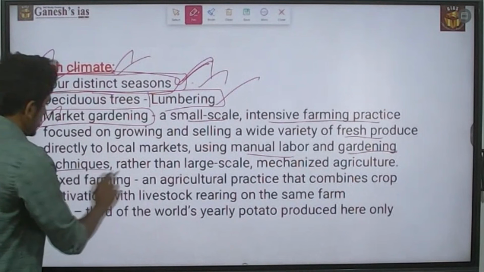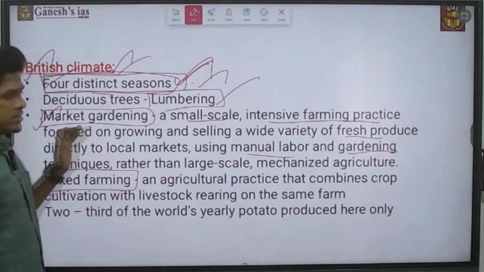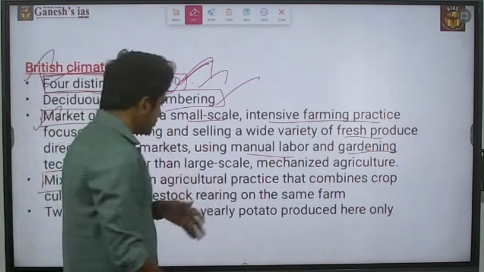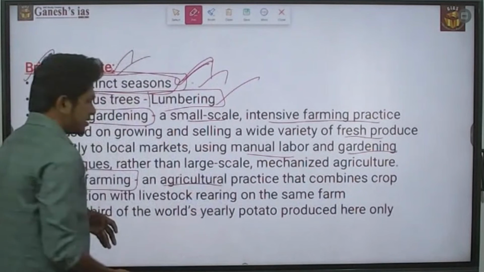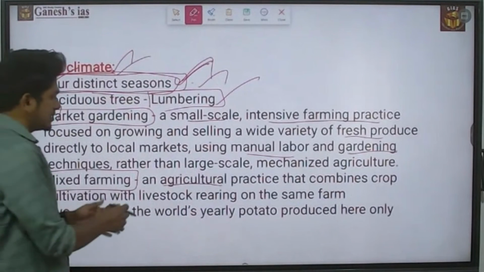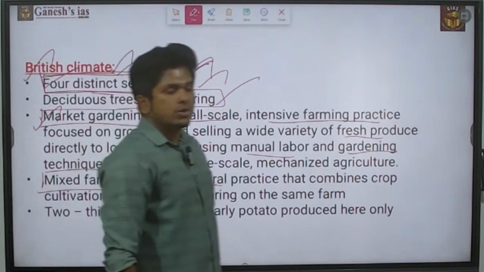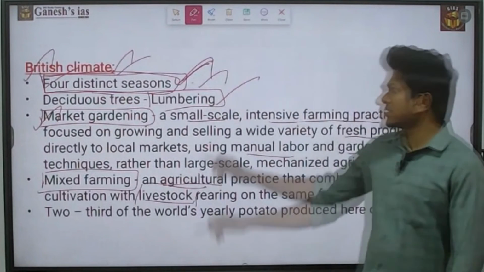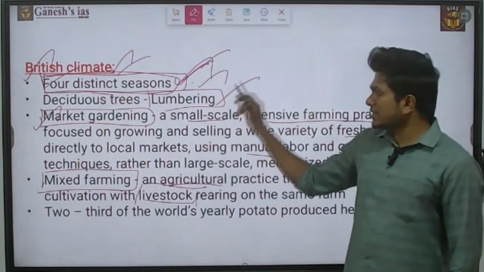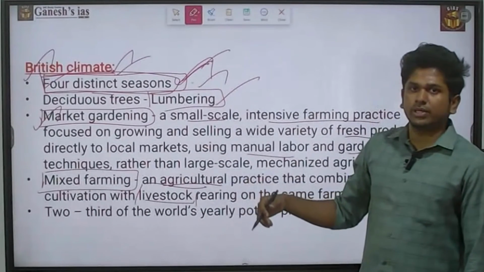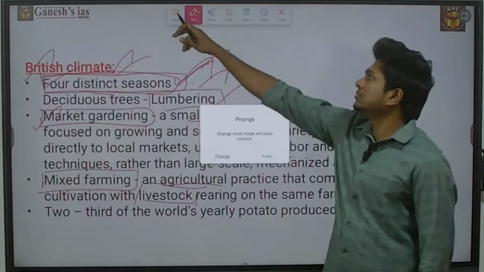Next is mixed farming. Mixed farming is doing poultry activities, or rearing activities, or livestock methods along with agricultural activities. That is also famous in this British climate. These are the unique features of the British climate. Please make a note of it.